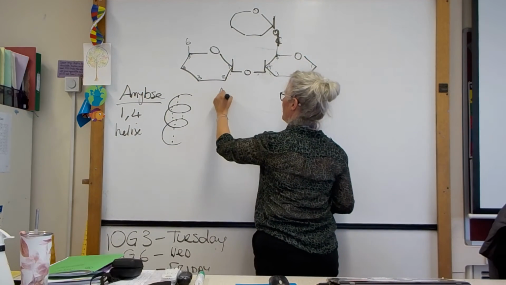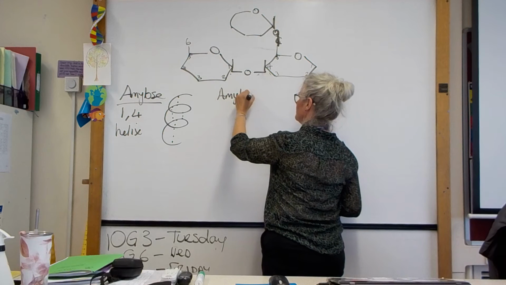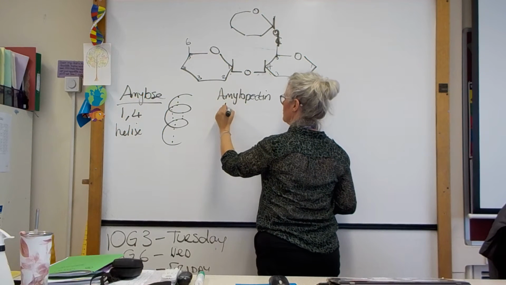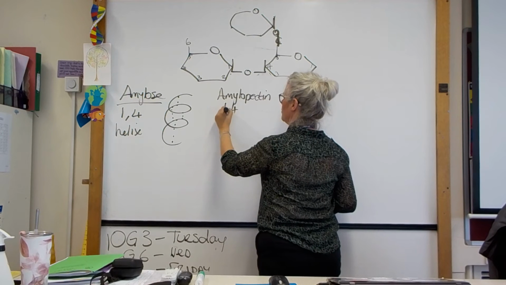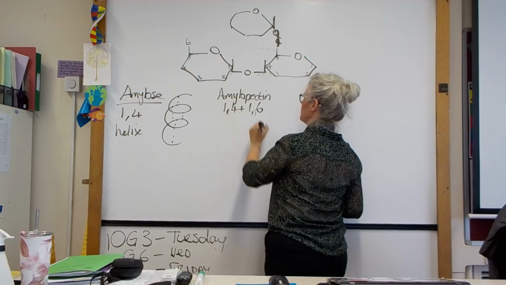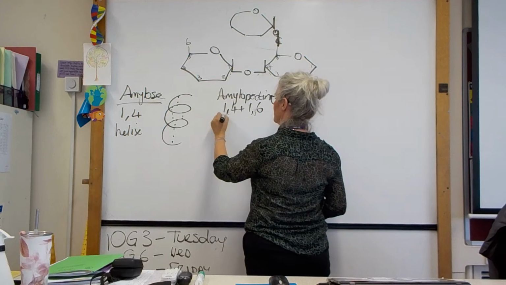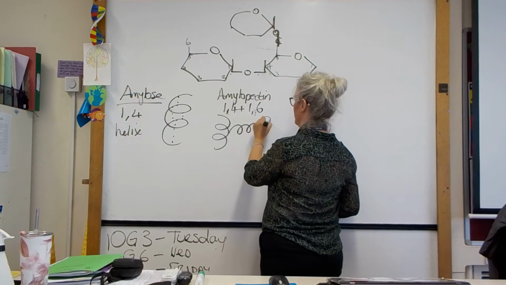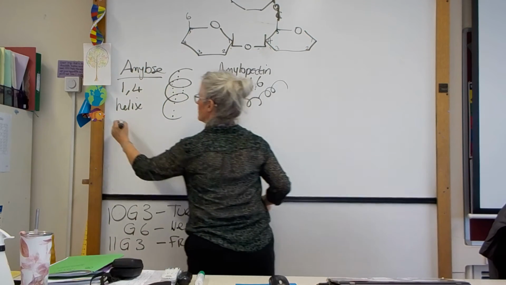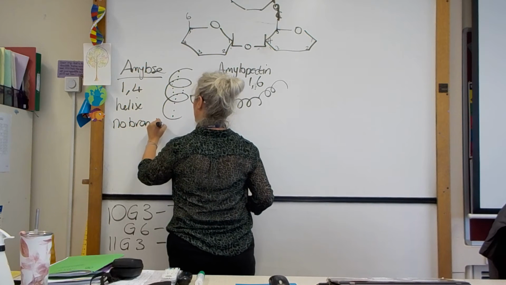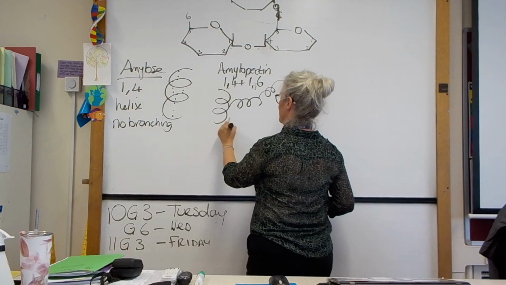So in amylopectin, you get 1,4 and 1,6. And so what you get are branches. Okay? So this one has no branches, and this one has branches.